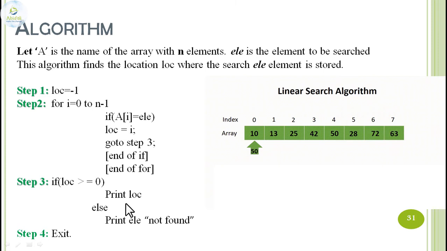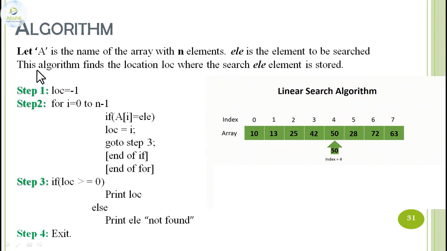Moving to the algorithm, first we will talk about the legend. The legend says what variables we are going to use. Suppose A is the name of the array which consists of n elements, and ELE is the element that we are going to search for.